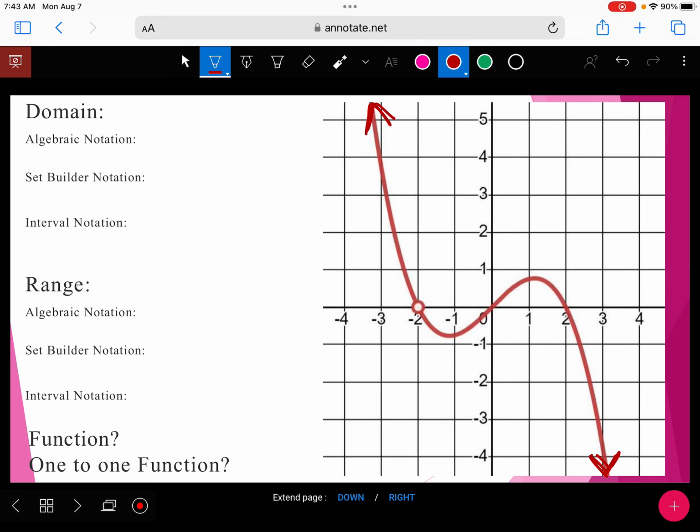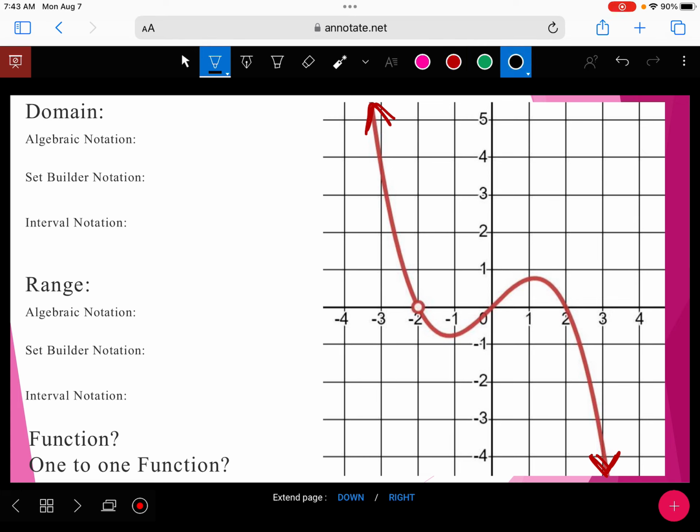Okay. So we're going to look at our domain on this one. What x values work? Does -2 work? If somebody stabbed my line and poked a hole in it, or took a hole puncher and took a little chunk out of it. Yeah.